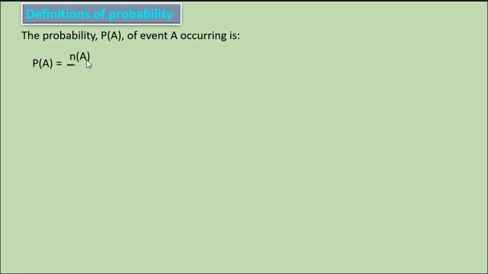Now, the definition of probability. Probability is defined as the likelihood, the possibility of an event taking place. Generally, we represent that as the probability of event A happening, which is the number of possibilities of that event that are likely to occur over the number of the sample space, the number of all possibilities.